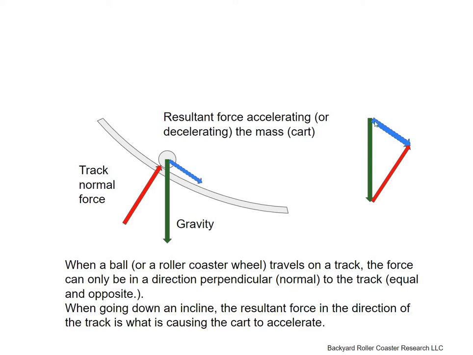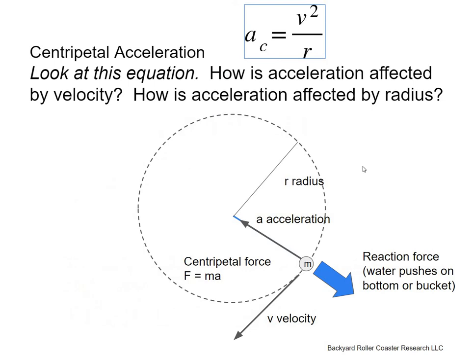The way you find that out is you can make a little triangle out of it and figure out the trigonometry of the angles, and you can determine how big that is. So obviously the steeper the track is, the bigger this blue force is, and the bigger the acceleration is. And if you went to the bottom here, it wouldn't be accelerating at all. It'd just be going at a constant velocity, because this blue vector would be 0 once this wheel gets down to the very bottom. And as you get into an upturn, then the opposite happens.